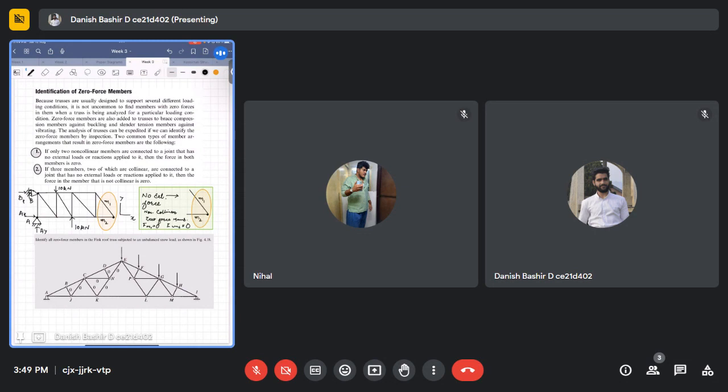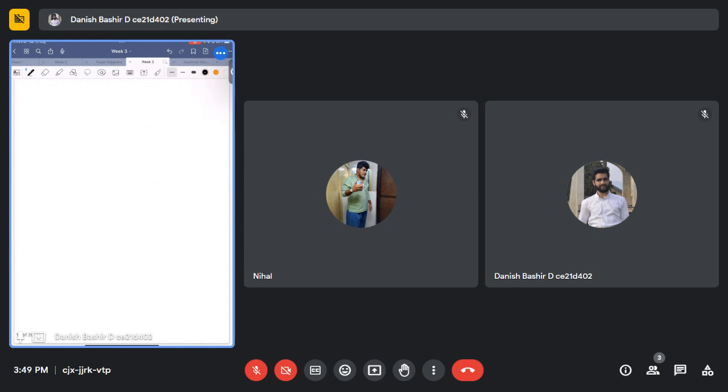Then another type of zero force member identification rule. I have to make a new truss for that one. So let me do one thing.